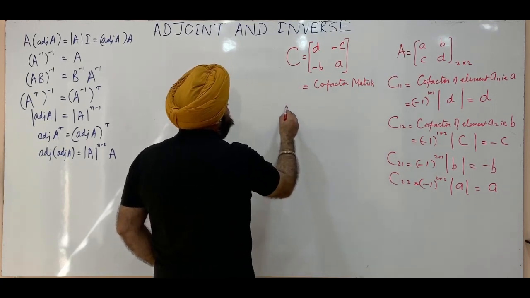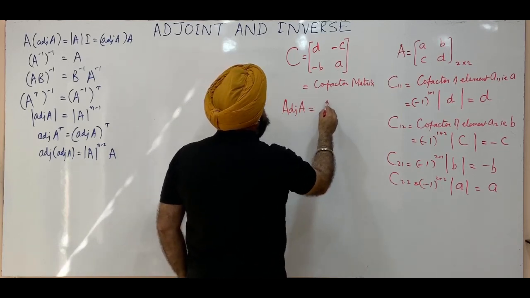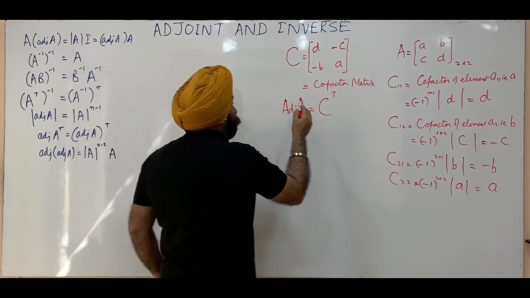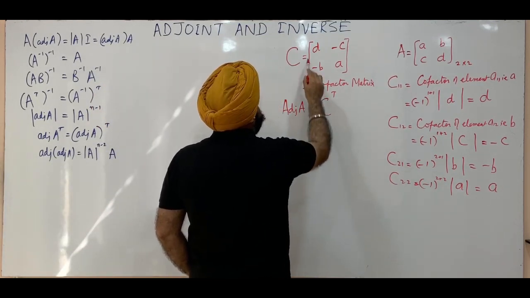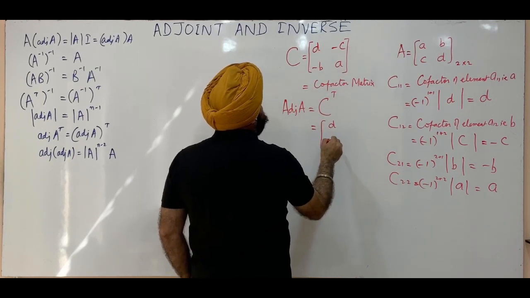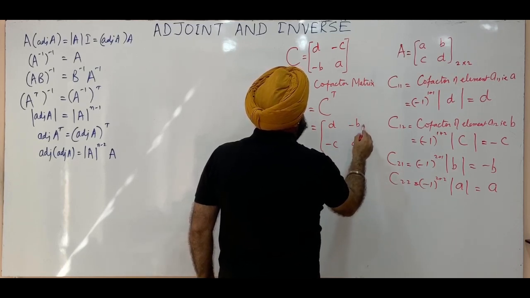So what is the adjoint of A? The adjoint of A is the transpose of the cofactor matrix. Transpose of this means interchange rows and columns. d, minus c becomes the first column. The second row, minus b, a, becomes the second column.